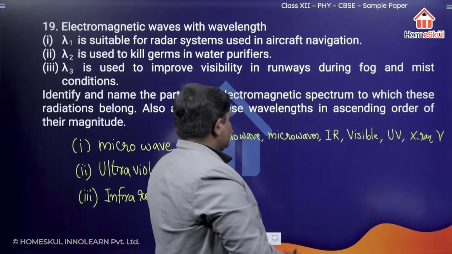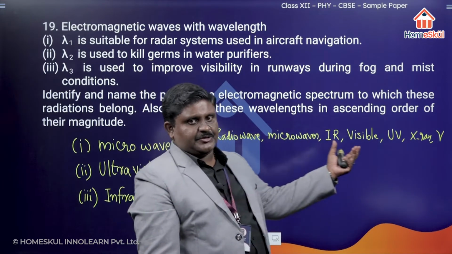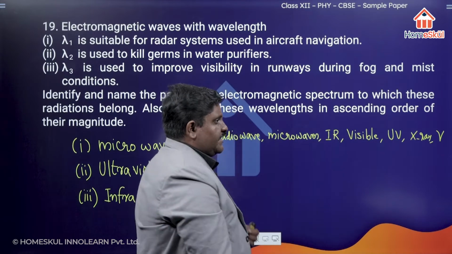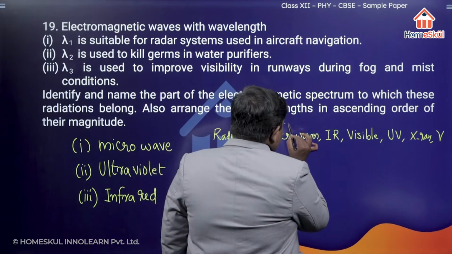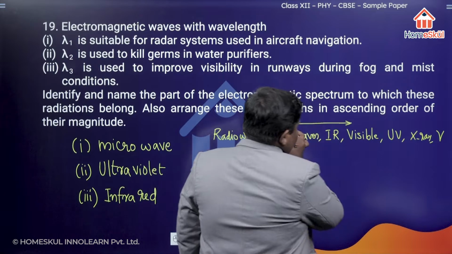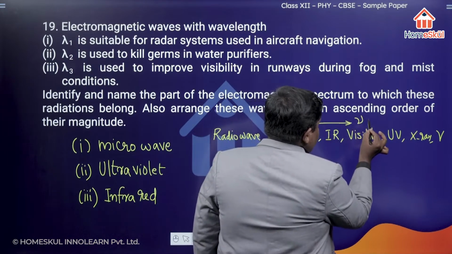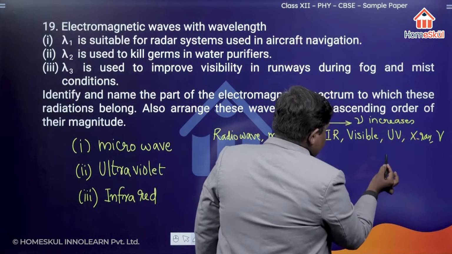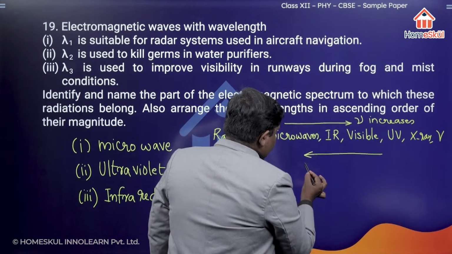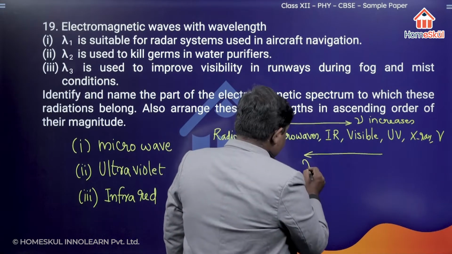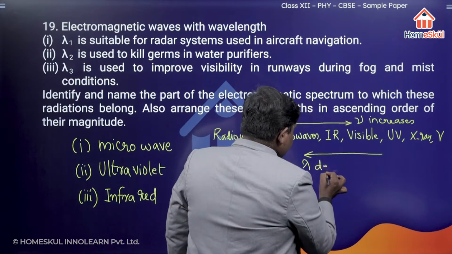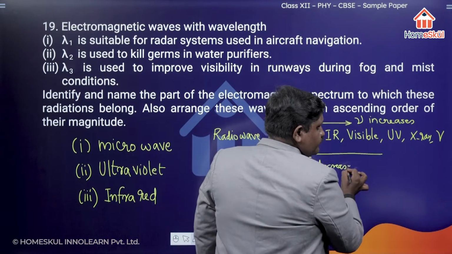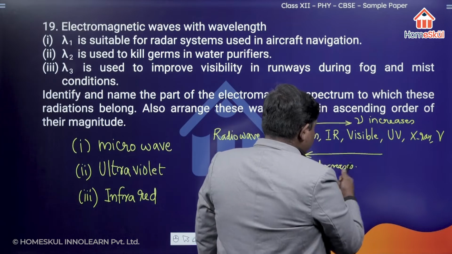These are the electromagnetic radiations. So when we go towards the right side, the frequency increases, so when we move to the left side, wavelength decreases. Sorry, wavelength increases.